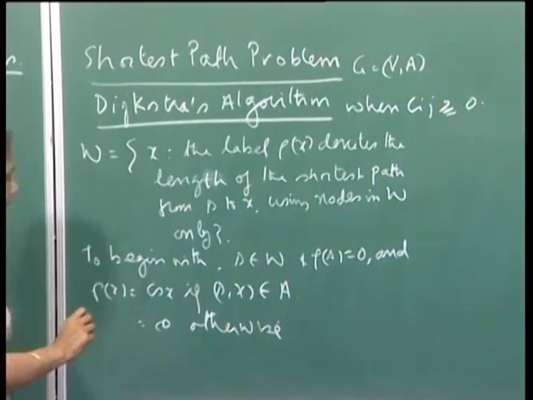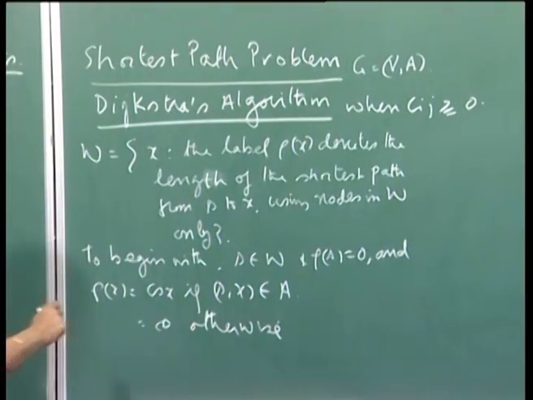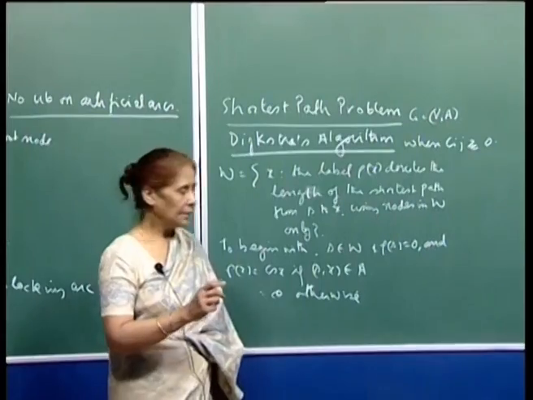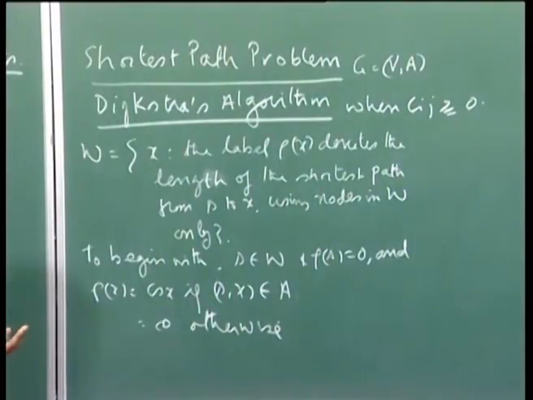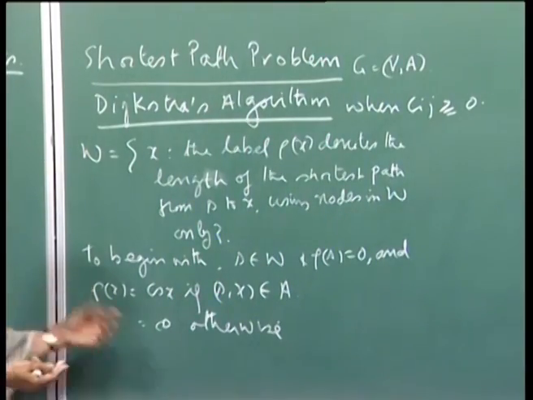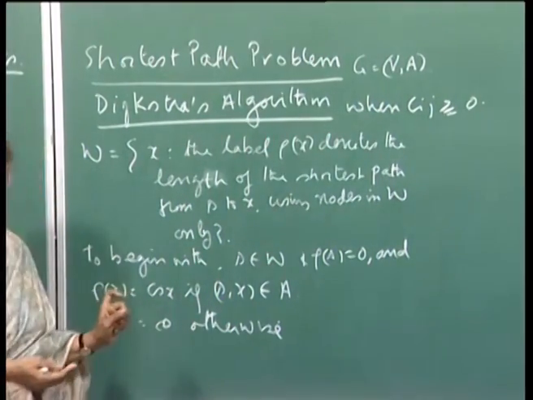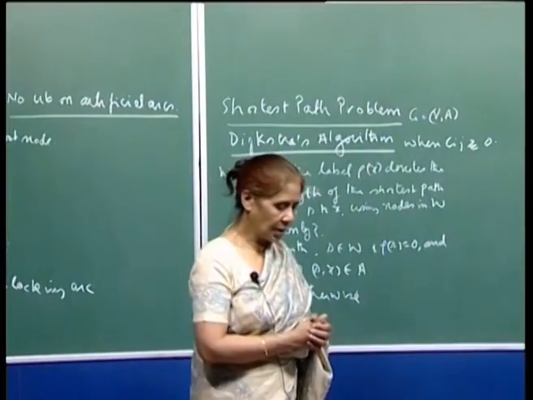So, in the beginning, for all nodes which are connected to S by an arc, I will give the label as the actual cost or the distance of the arc S x, and for all other nodes it is infinity, for the arcs which are not there.